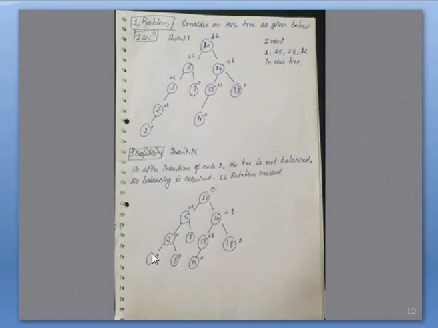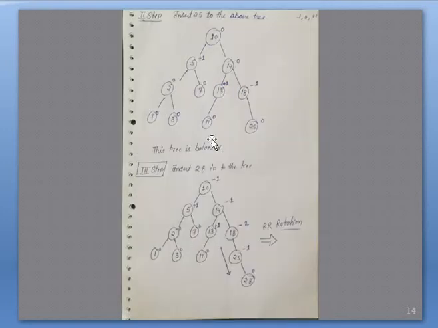If we check the balancing factors again, they are 0, 0, +1. Checking all the nodes, the balancing factors are within range. Let us see how we do the balancing one more time.